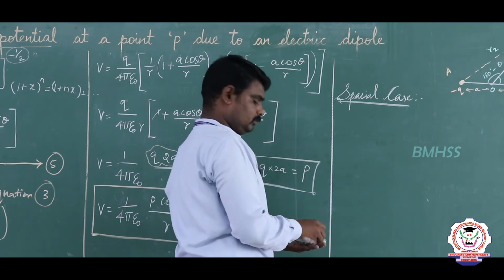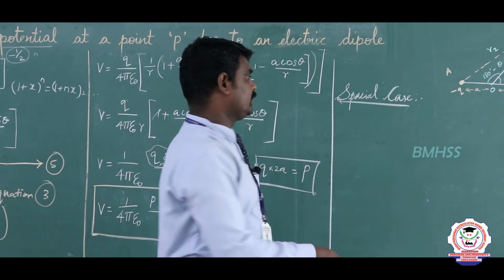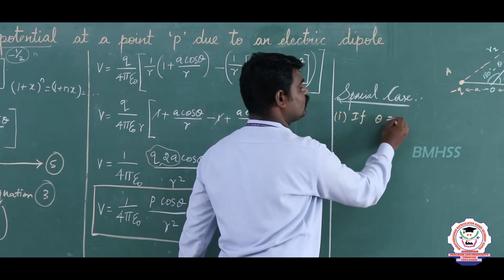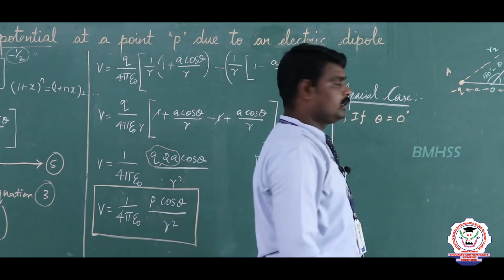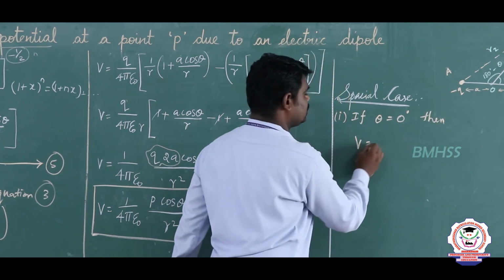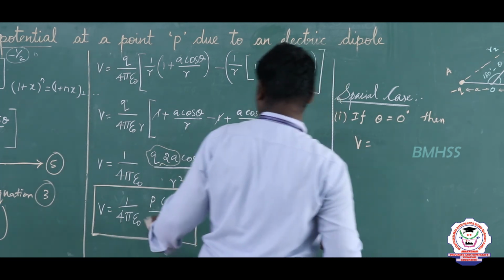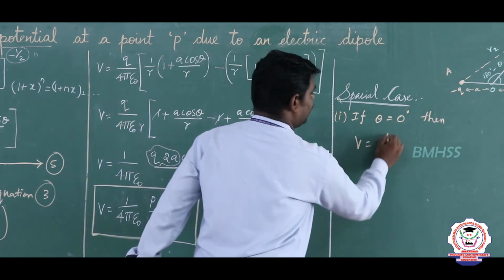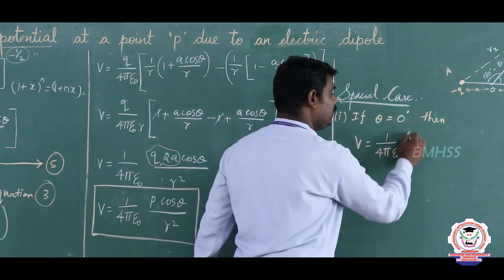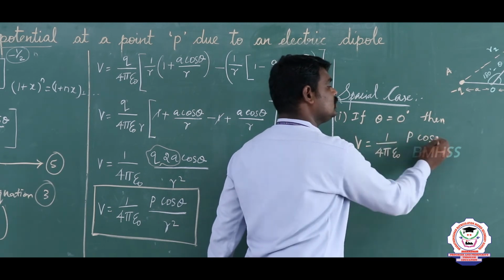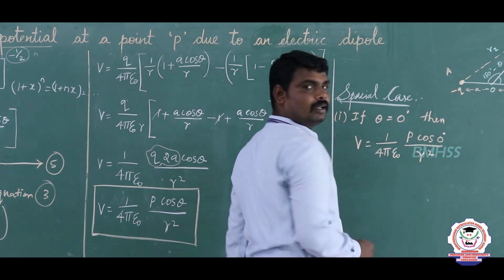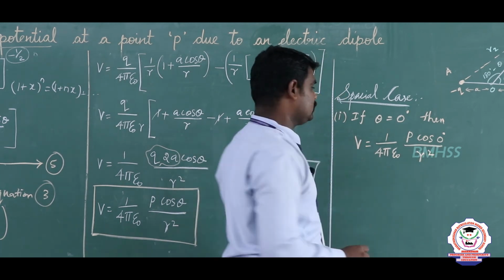First one, if theta is 0 degree, then the potential V is equal to, what is the formula for that potential? 1 by 4 pi epsilon naught P into cos 0 degree divided by r square. Cos 0 value is 1.